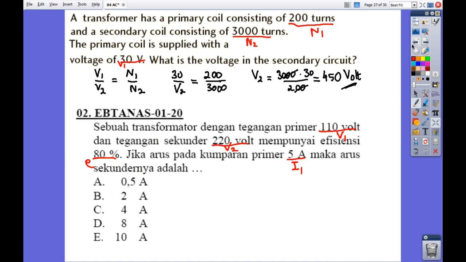So as you can see that the efficiency is power on secondary over power in primary.